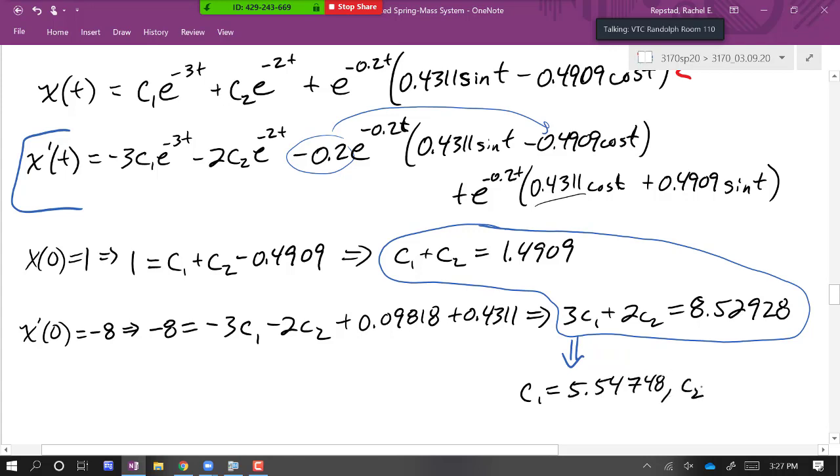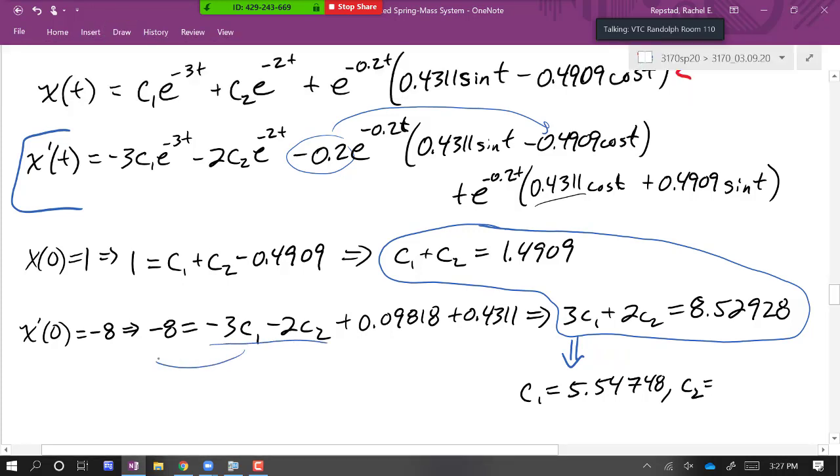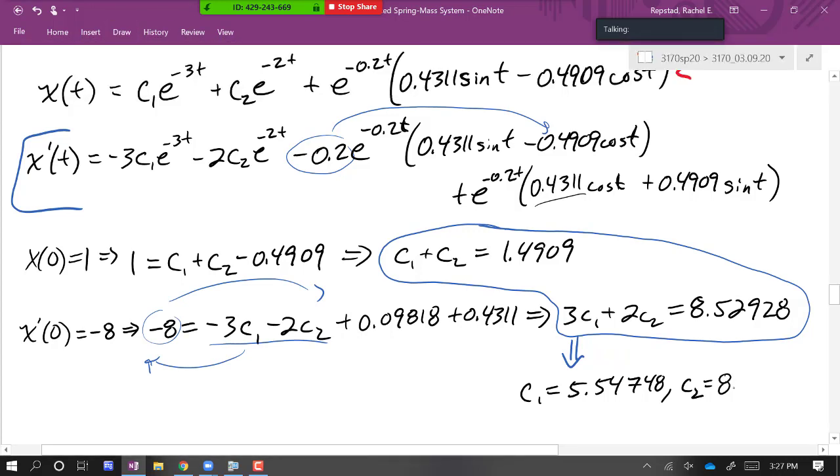And C2 is, what's that? Like I threw these on the other side and then I added the 8 to that side. Whoops. For C2 I got negative 4.05658.